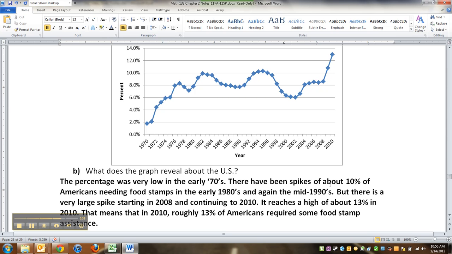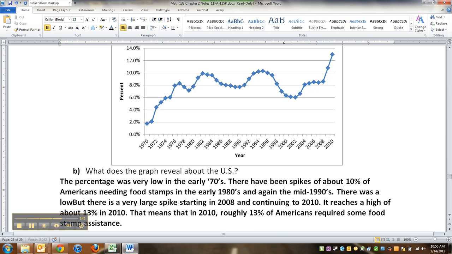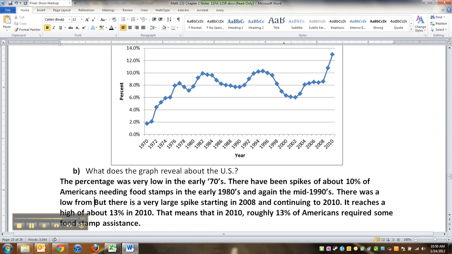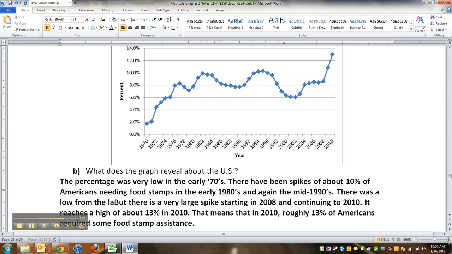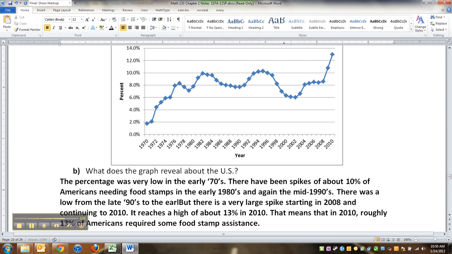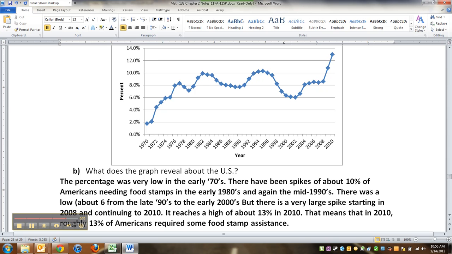There was a low from the late 90s to the early 2000s, and that low, by the way, was at about 6%.